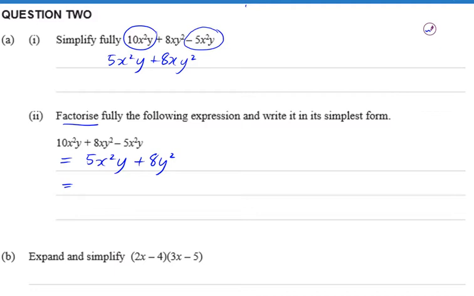So we've got an x in both terms, we've also got a y in both terms, even though I missed out the x there, so xy, and then 5x will give us 5xy, and 8y will give us 5xy squared, and that's it.